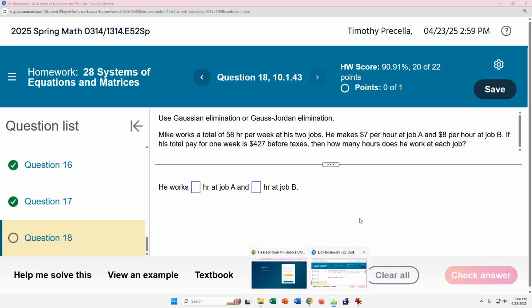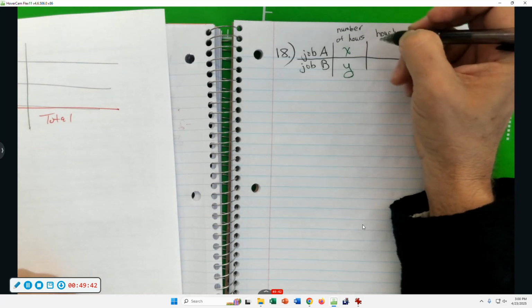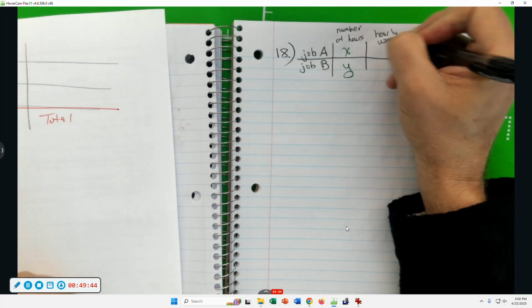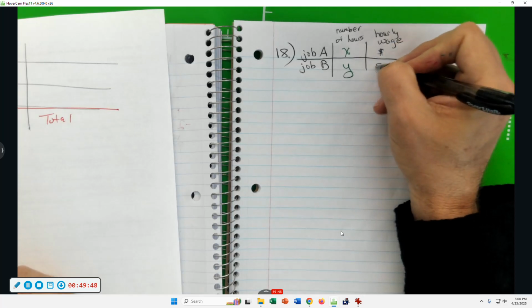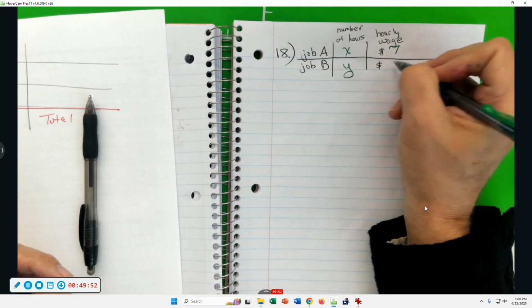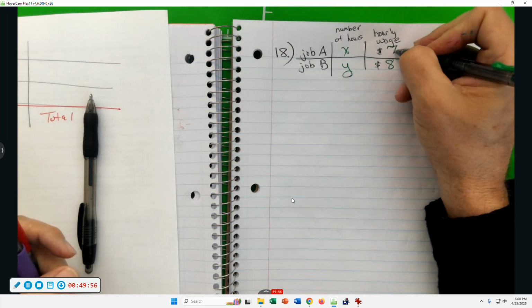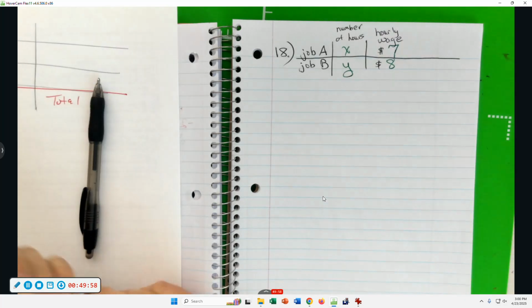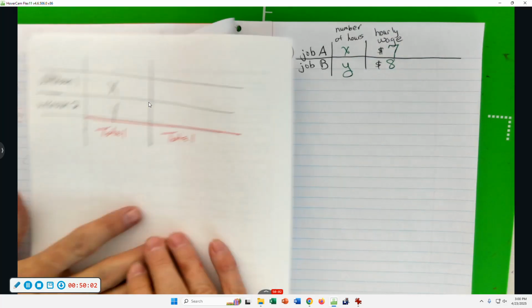So here's his hourly, I'll label the column hourly wage. He's making $7 per hour at job A and $8 per hour at job B. Now we need those totals.